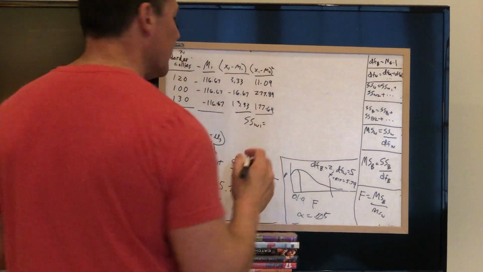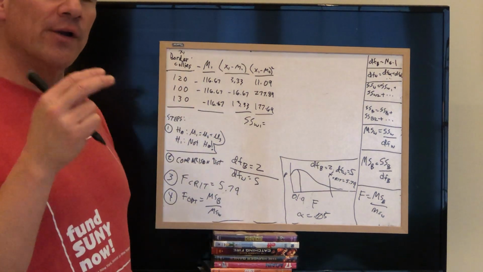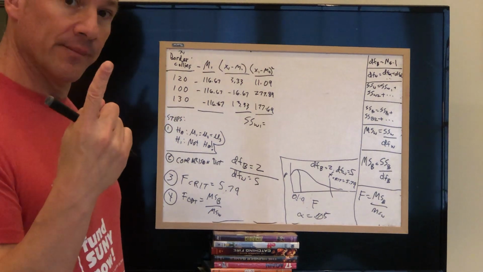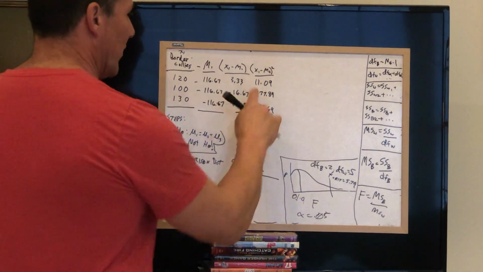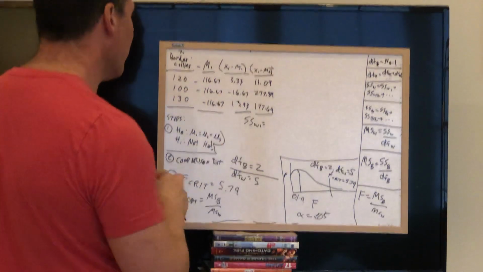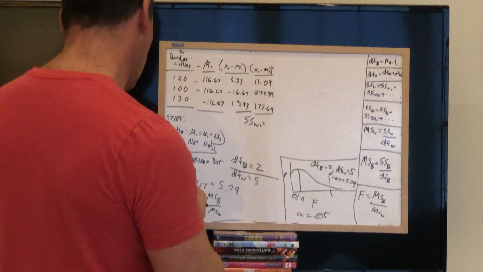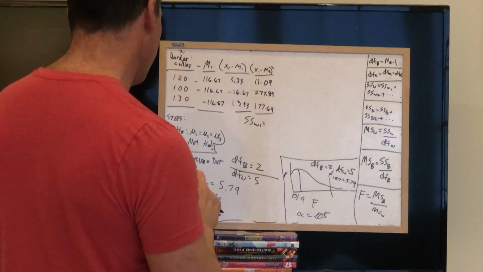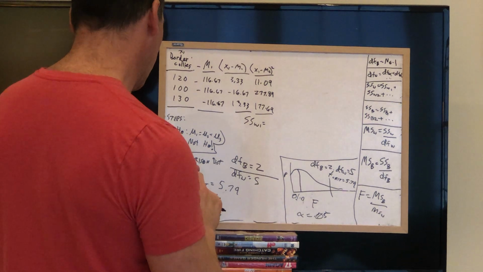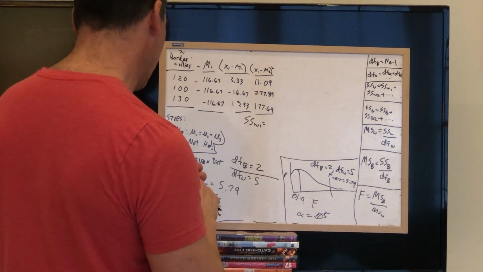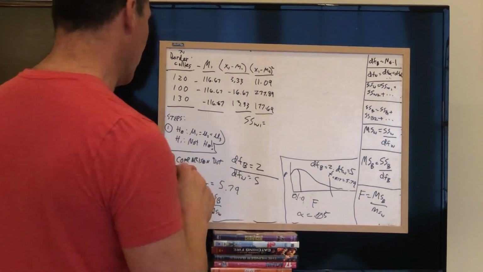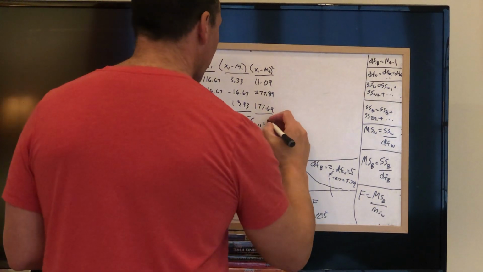SSW1 means the sum of the squared deviation scores within for group 1. So it is simply the sum of that column, just like we've been doing all semester long. 11.09 plus 277.84 plus 177.69 equals 466.62.